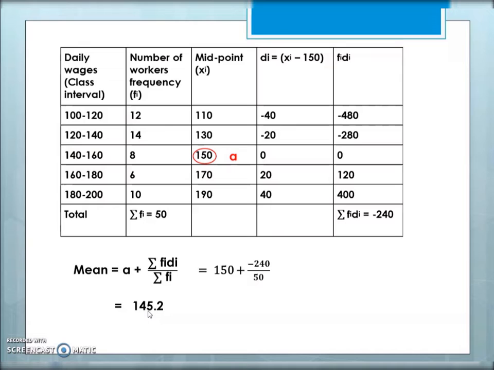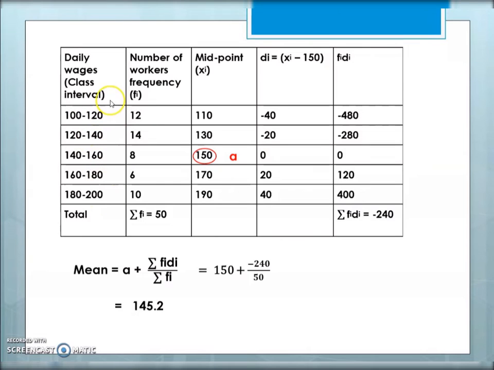Now suppose for this method you have to use step deviation, which is now not there in your syllabus, but then step deviation will make it a little more simpler for calculation, because what you will do is this di column will further be divided by the class size. Now here the class size is 20, 100 to 120, 120 to 140.